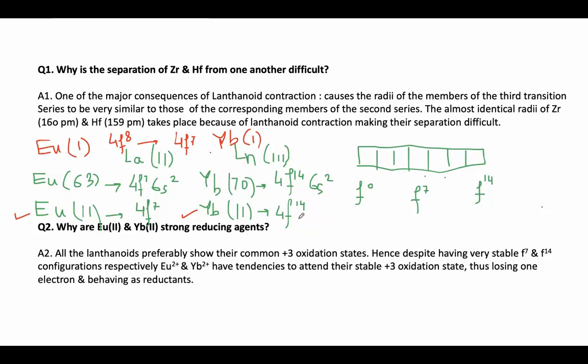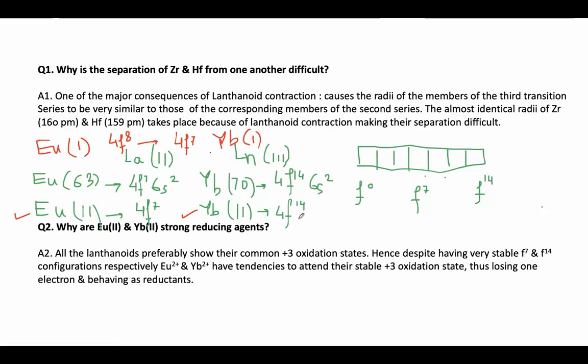If we consider only the electronic configuration factor over here, then why europium-2 and ytterbium-2 are strong reducing agents, we cannot answer. Because both have a very stable electronic configuration, 4f7 and 4f14.